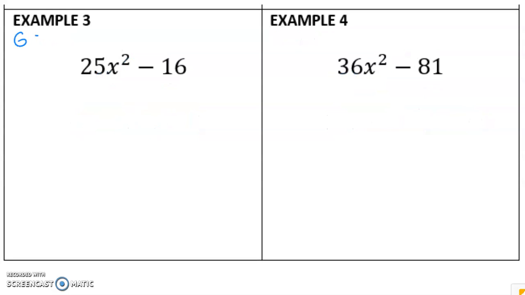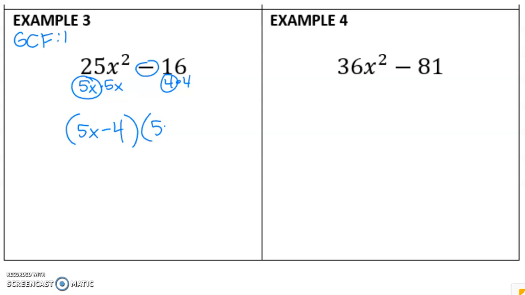All right, two more examples. 25x squared minus 16, greatest common factor is 1. 25x squared is 5x times 5x. 16 is 4 times 4. It is subtracting the two, so I can use the pattern. 5x minus 4, 5x plus 4.